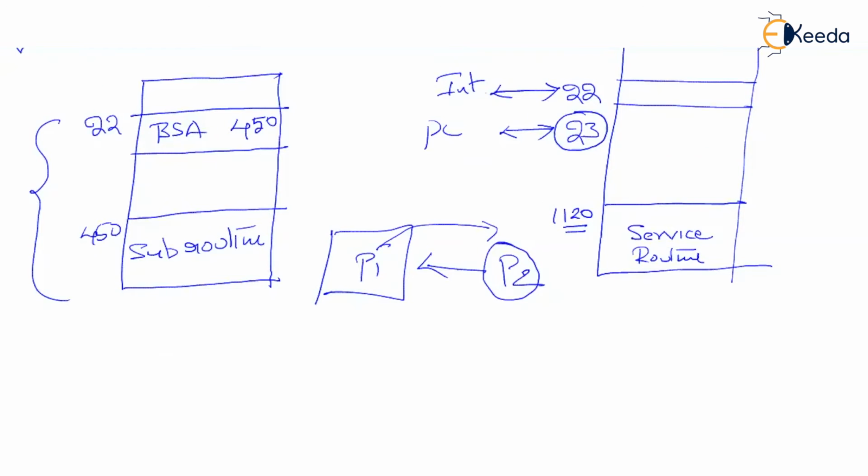Now understand. When we are doing branching, only the program counter needs to be saved. Only the program counter should be pushed into the stack.